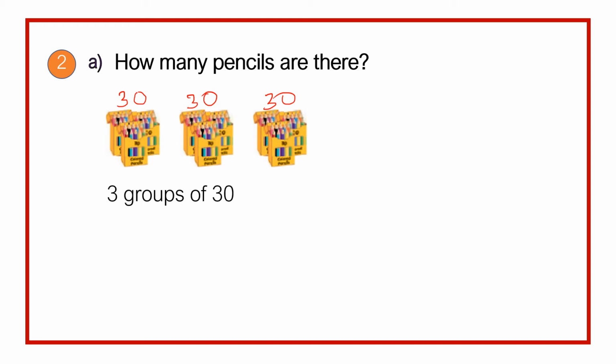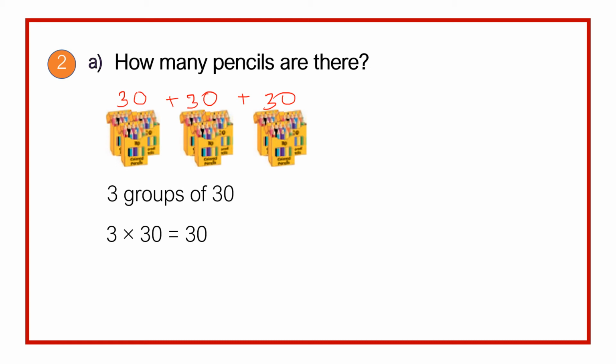So if we use repeated addition, you see that this is 30 plus 30, that will be 60, plus 30, we will come up with 90. But if we use multiplication, we can get 3 times 30.